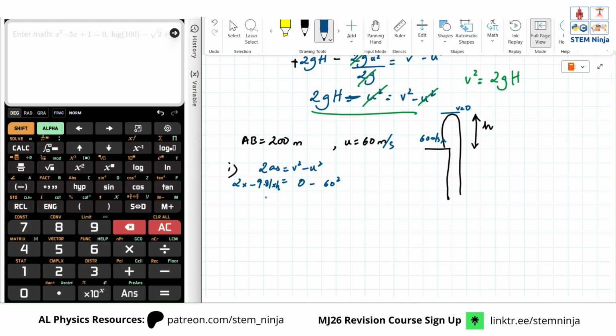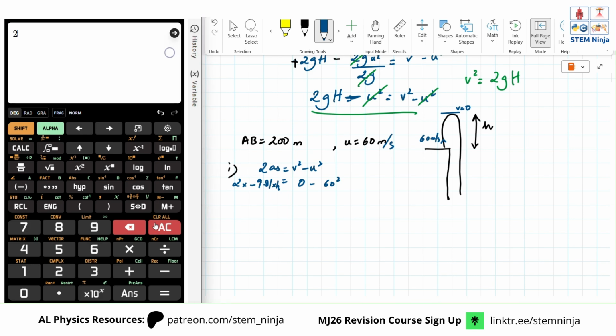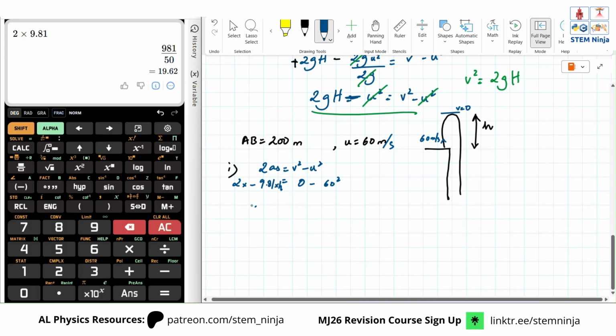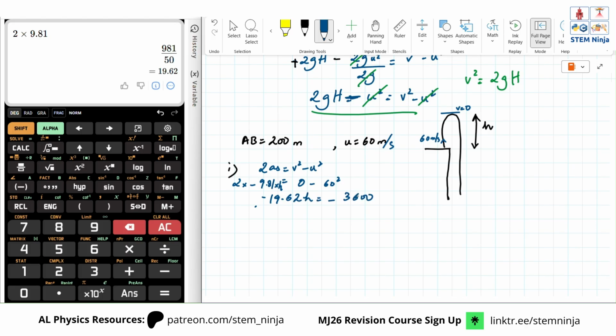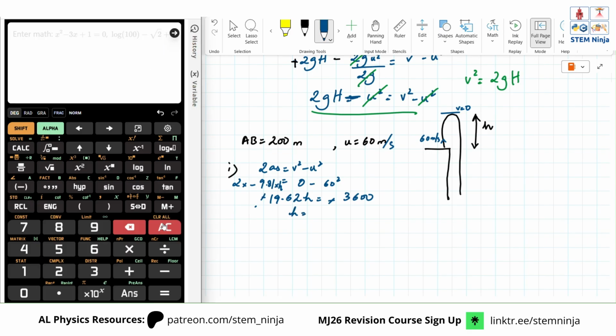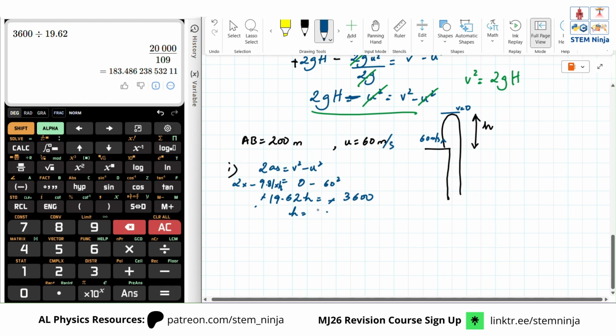So you would get 2 times 9.81, 19.62 h, and 3600. So this cancels out. H would be 3600 divided by 19.62. So this would be 183.5 meters.